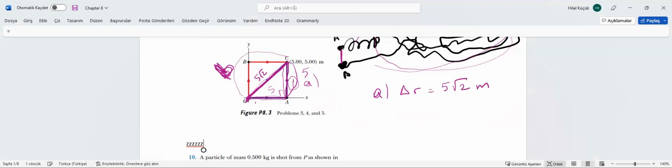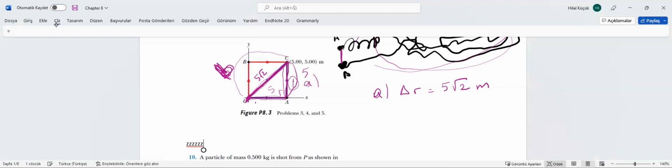Did you understand? Of course, I have some path, some distance, but I have to care about the smallest distance between the 2 points. So this is my first point, and for the second point I have to take the smallest way, which is that one.